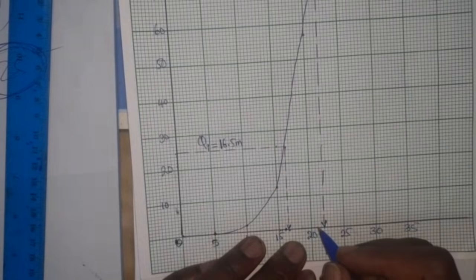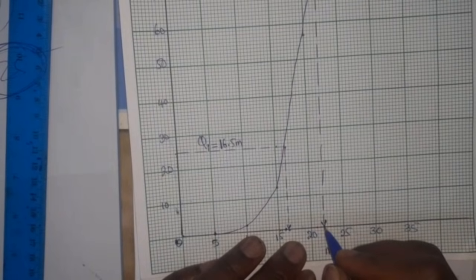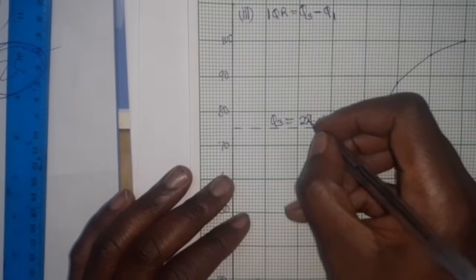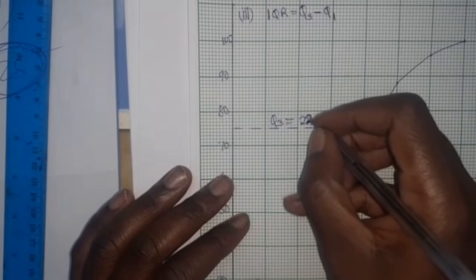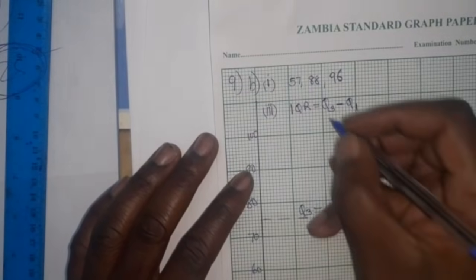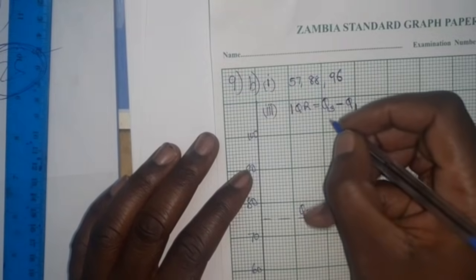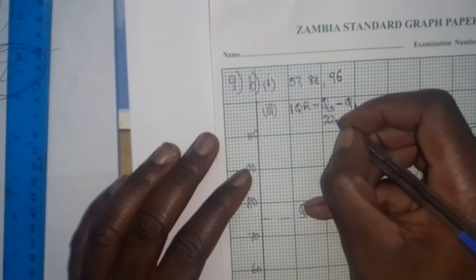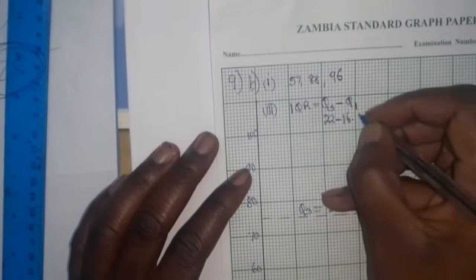Let me look at this one also. This is supposed to be like 21, then 22. Okay, so this is supposed to be 22. Beg your pardon. So now we are going to have our answer: the upper quartile is 22 minus 16.5.